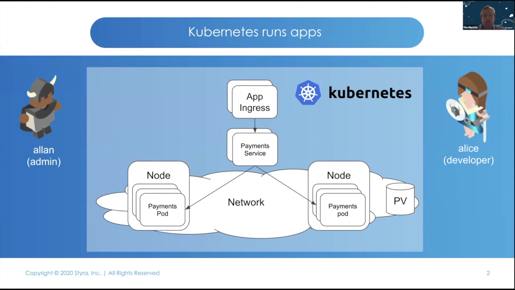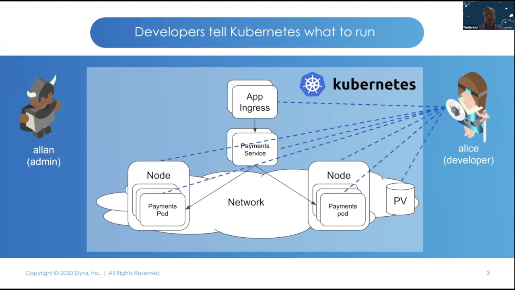And so the first of those is that, as we all know on this call, Kubernetes is responsible primarily for running applications, right? That's why we use it. That's why it's so valuable. But at the same time, we also know, second simple statement, that developers are the ones who are responsible for telling Kubernetes what to run, which applications, how they are configured, and so on.